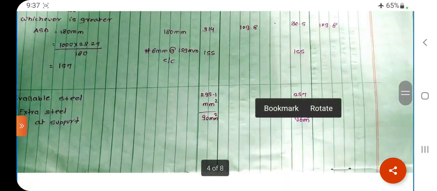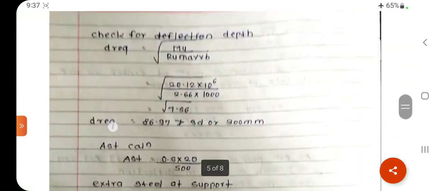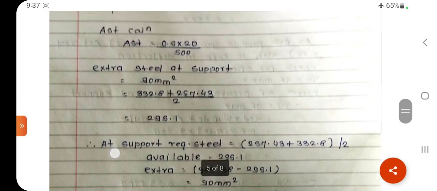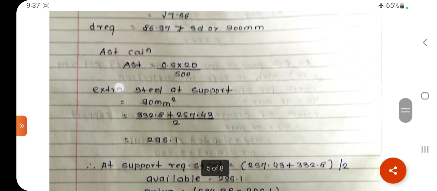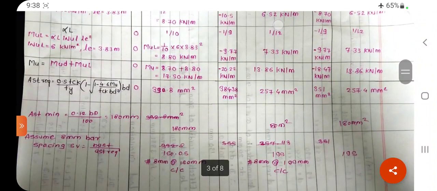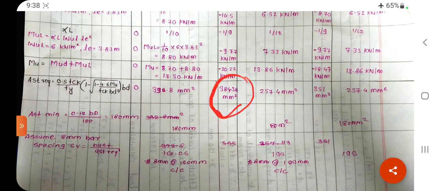Now suppose at this point, what is still required over here? 384 mm square. Now how much steel will be available over here?